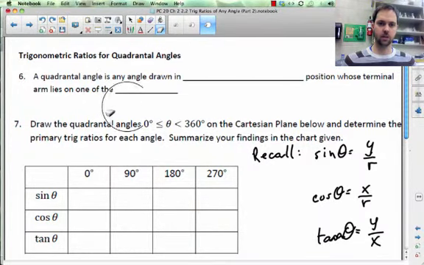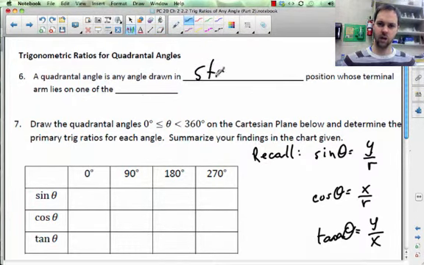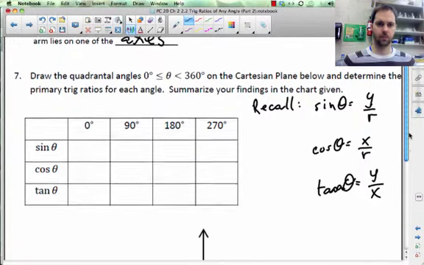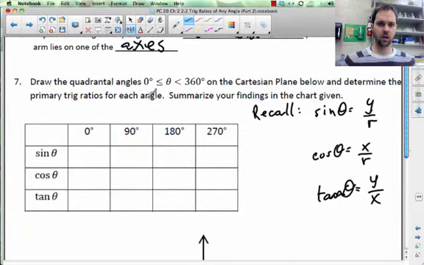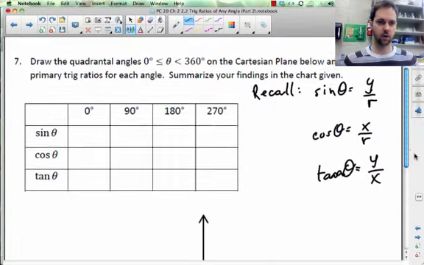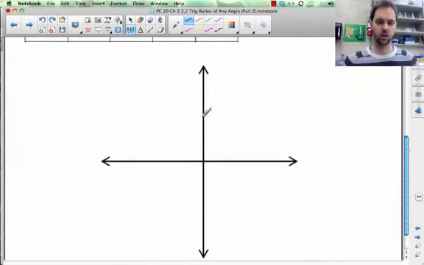Okay, welcome back. A quadrantal angle is any angle drawn in standard position whose terminal arm lies on one of the axes, and it could be any one of the axes. So draw the quadrantal angles from 0 degrees to 360 degrees on the Cartesian plane below, and then we'll talk about finding the trig ratios.